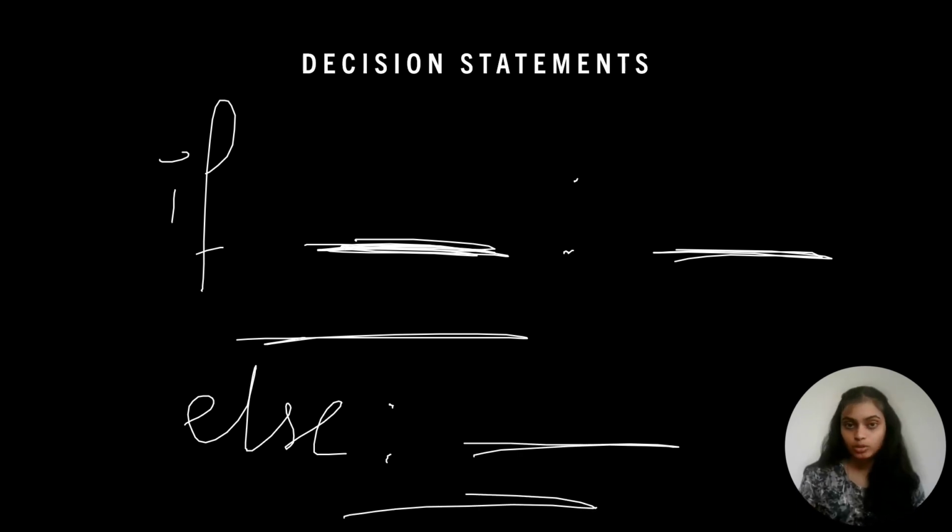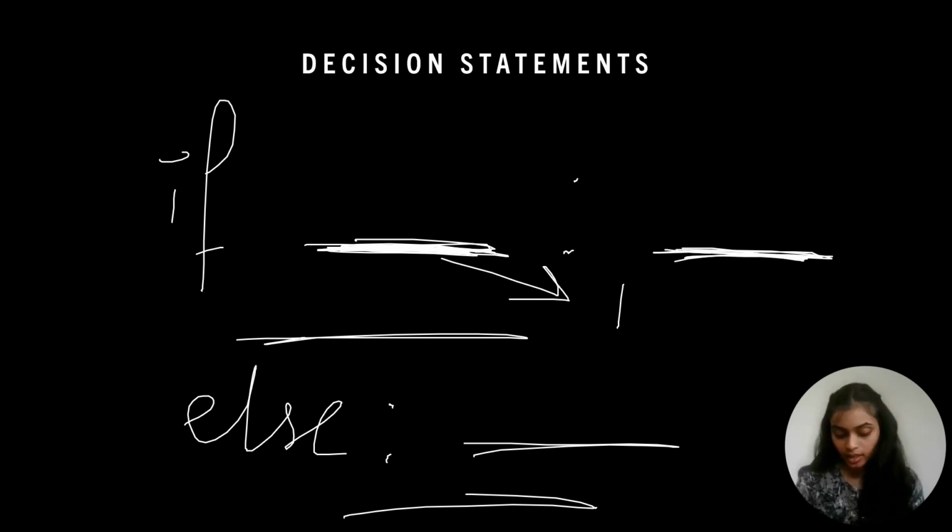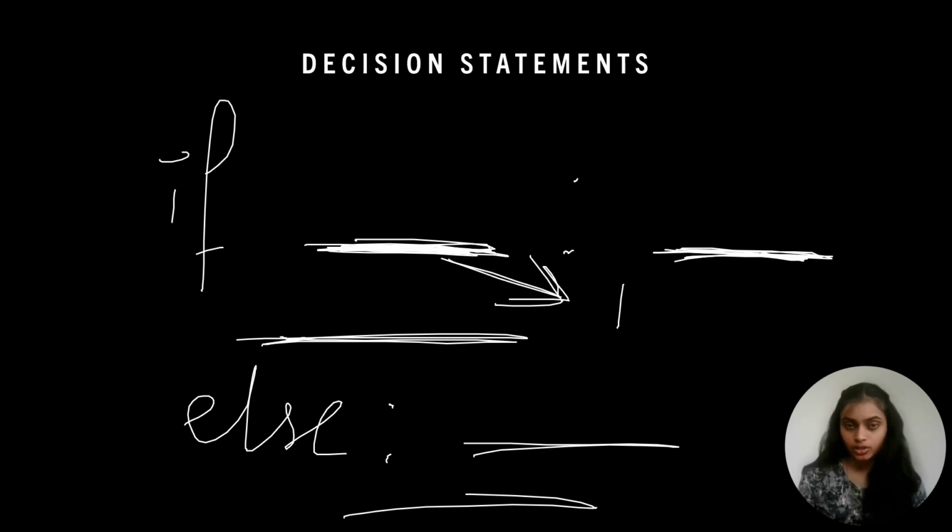Here we will be implementing a decision. If this decision is returning 1, it means the decision is true. Then the statements inside the if block are executed. If the condition is not returning 1, instead it is returning 0, it means the condition is false.